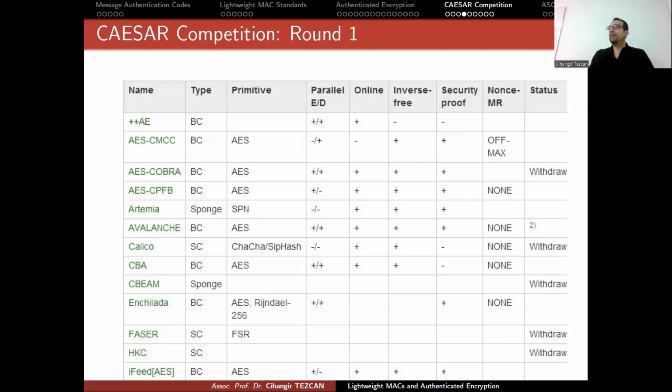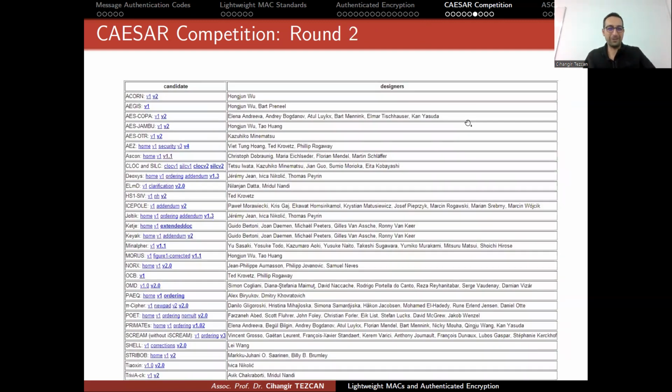You prove that you cannot find a collision, but somebody found a practical collision. At this point, it is somewhat understandable, but I asked the guy: there was a proof, but you disproved it by giving a counterexample, so did you check what was missing or wrong in the proof? And the guy said, I didn't even look at the proof, I just found the collision. So sometimes these kinds of things happen.